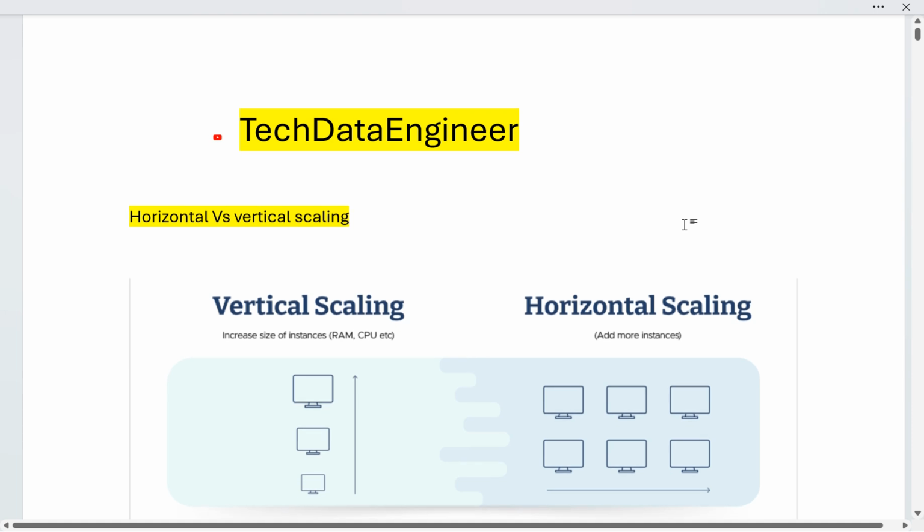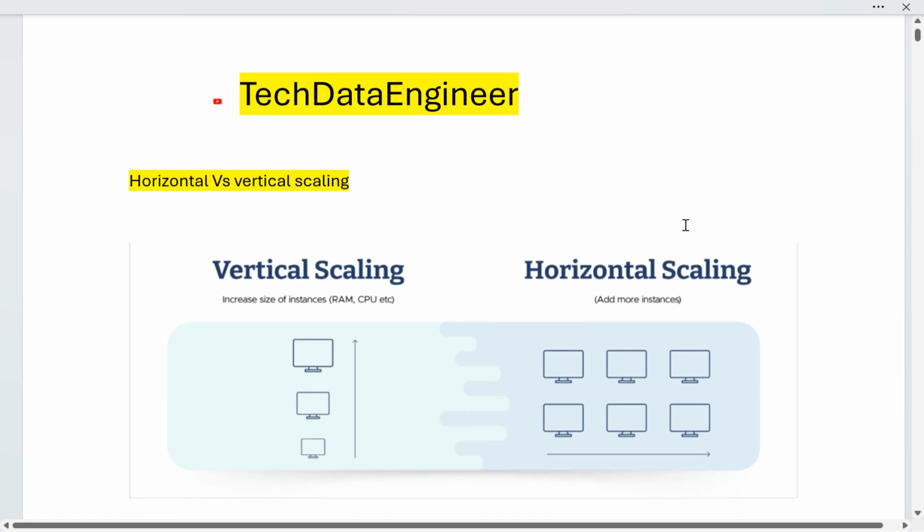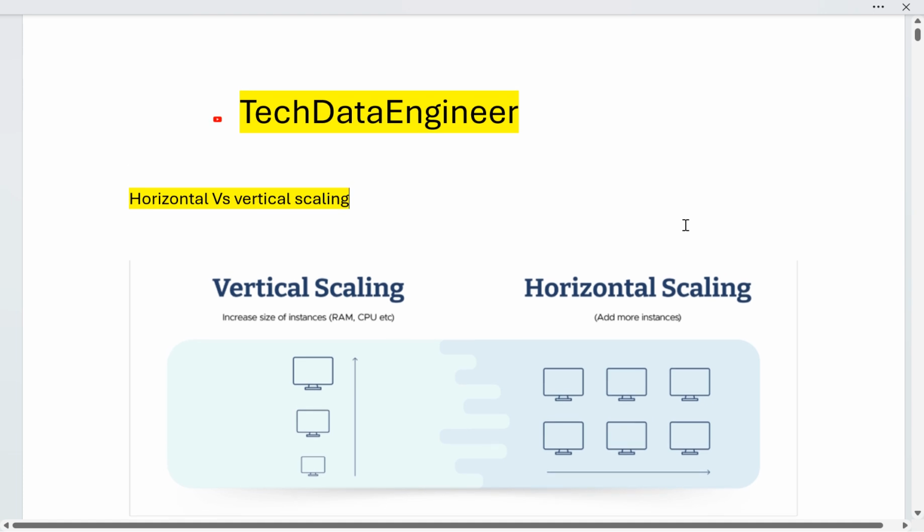So what is vertical scaling first of all? Vertical scaling is nothing but, if you have existing machines, you increase the size of the instance. You don't have to add instances. Suppose there is an existing machine of 2 core CPU and 100 GB of RAM, you can increase the RAM to 4 GB or 8 GB, and the CPU from 2 core to 4 core, 8 core, 10 core, and increase the corresponding RAM also.